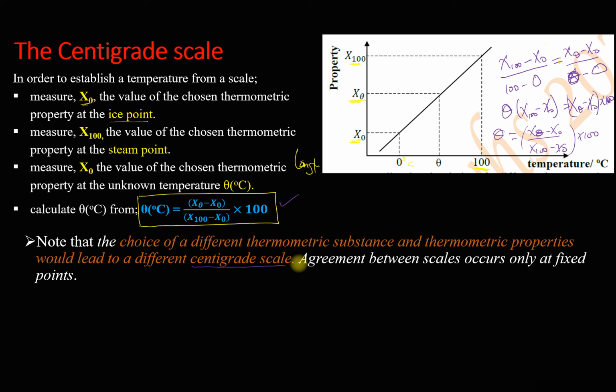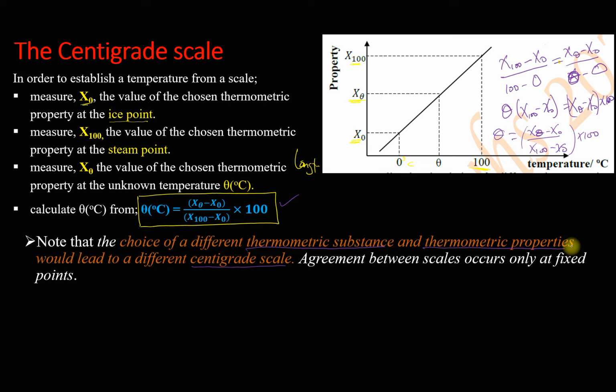So because they don't behave the same way with the temperature, they may agree at the fixed points, but they may not agree at points in between the fixed points. Agreement between scales only occurs at fixed points.